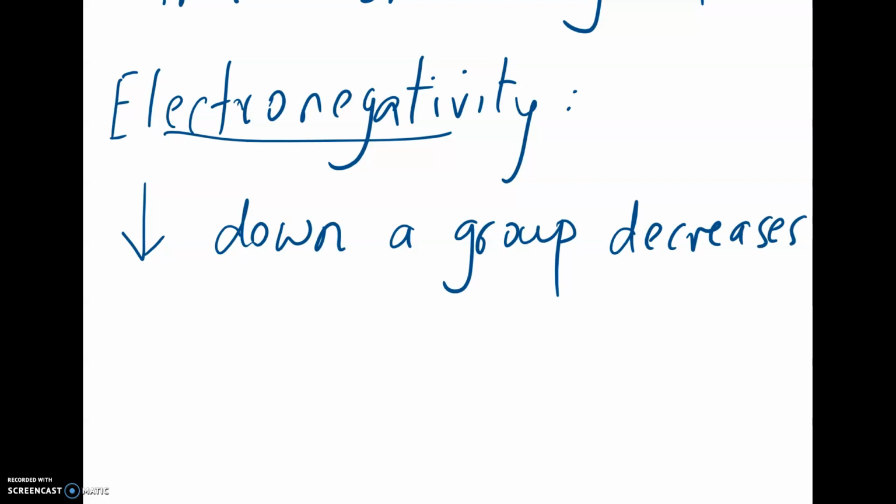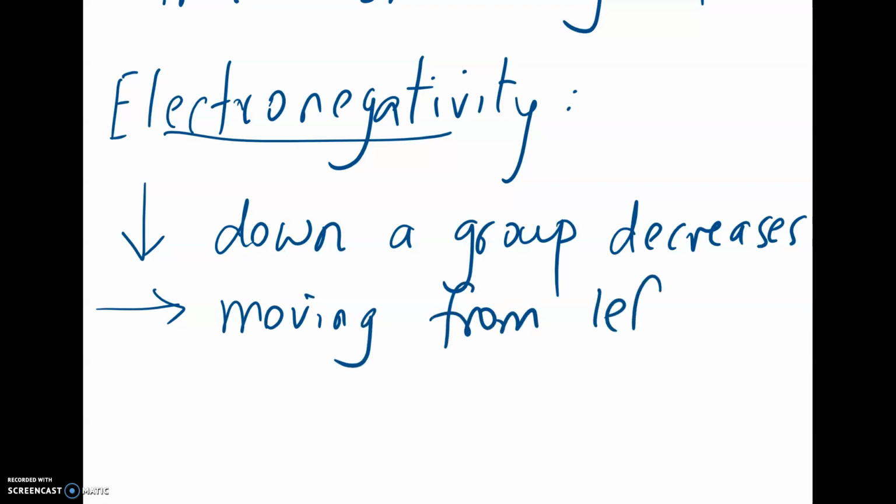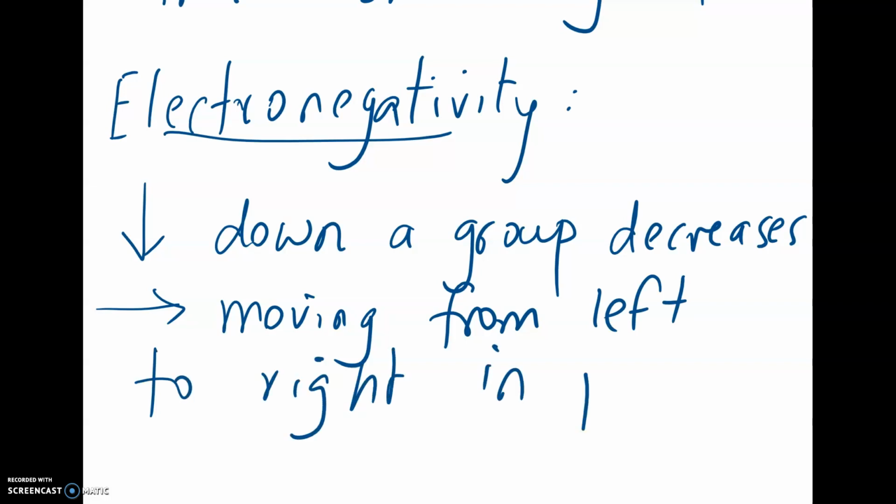But if you go across, so you're moving from left to right in the periodic table, the electronegativity increases.